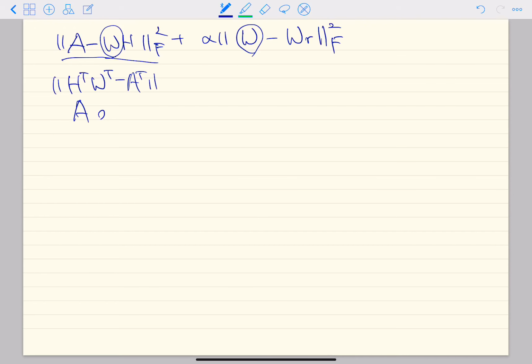To have something like Ax minus b, which is similar to the least squares form. I think I showed a similar manipulation like this. Here we have the identity matrix in W, and WR, right?